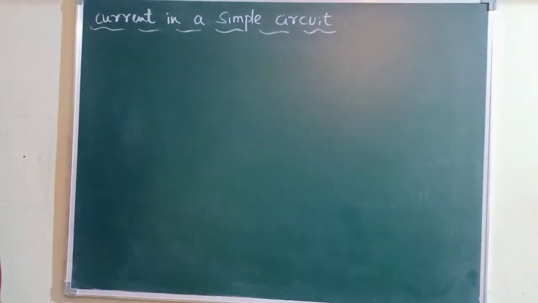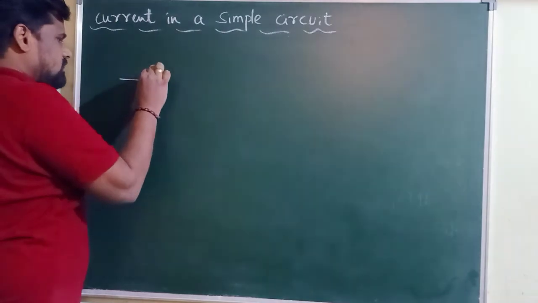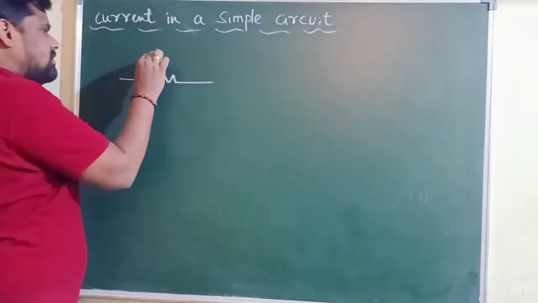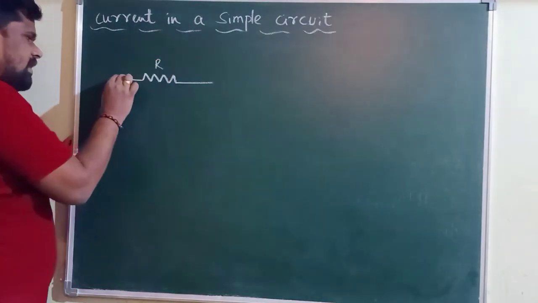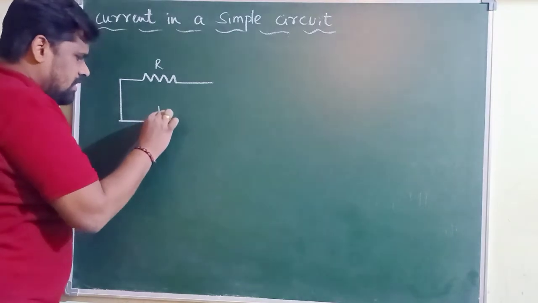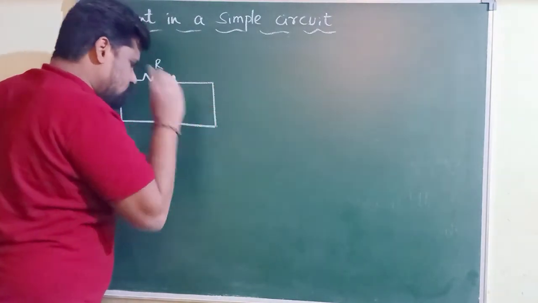Any wire of a certain resistance R. Say for example, this is the conducting wire of resistance R, which is connected across an energy source. What is called an energy source here? A battery or cell is an energy source.